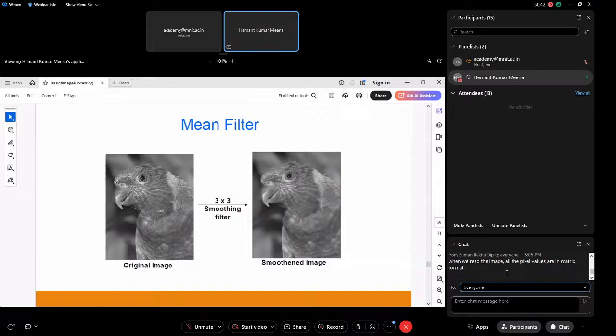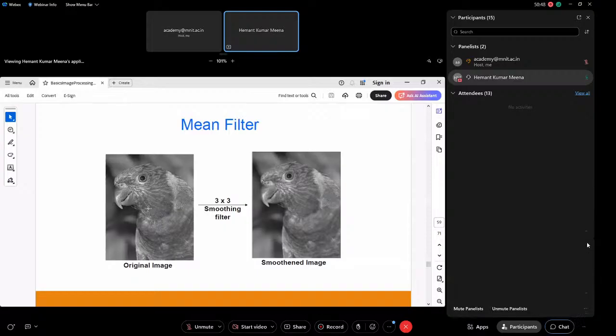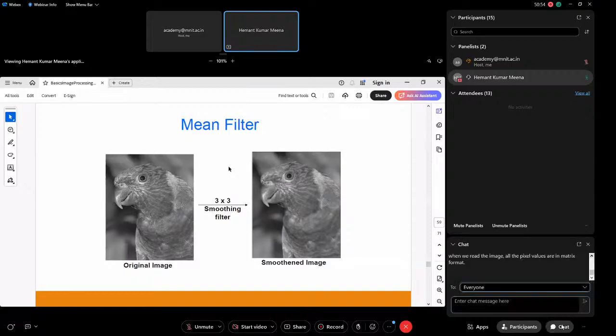What we are seeing here is only a collection of pixel values, the change in intensity. But those who are new, please do that experiment: take your own image, convert it into gray scale, and find out its resultant pixel values.